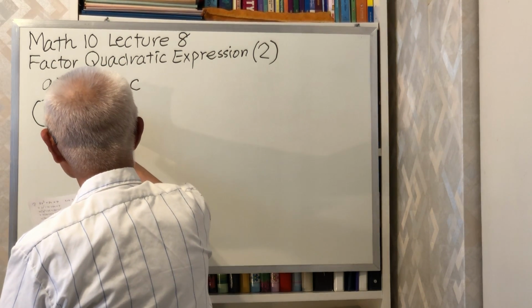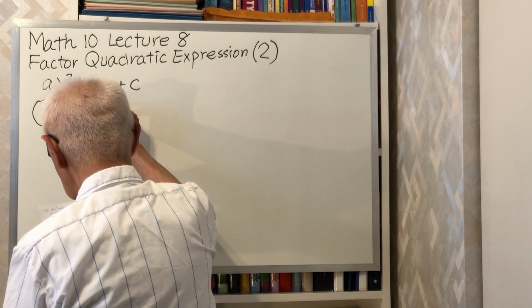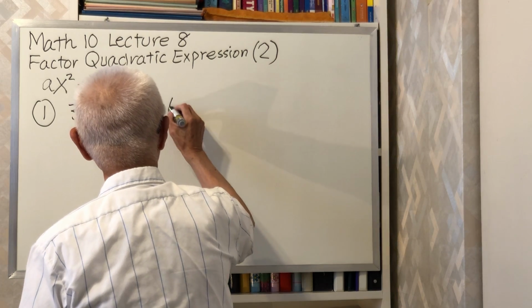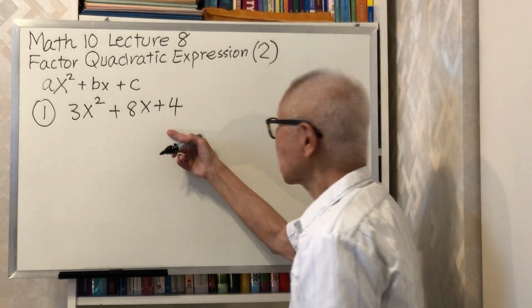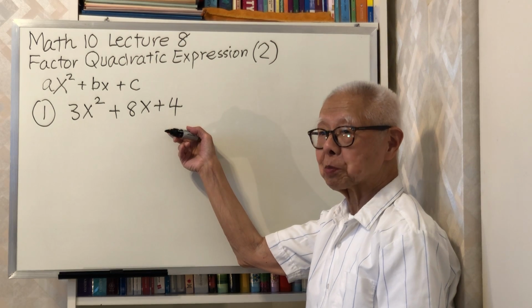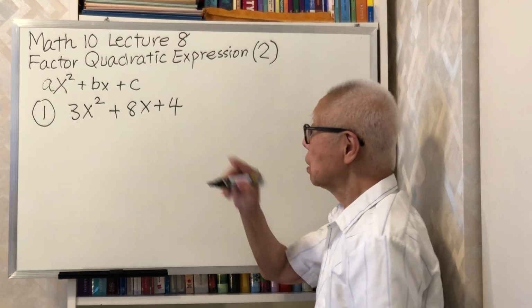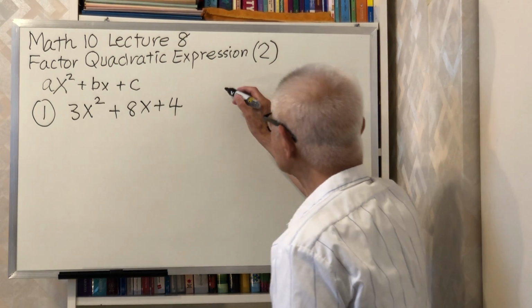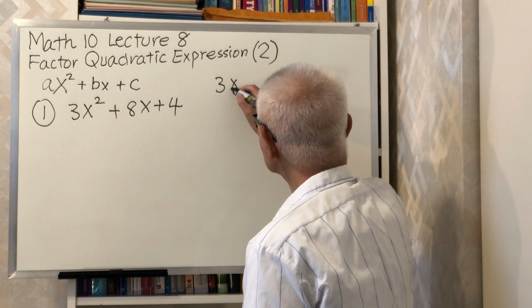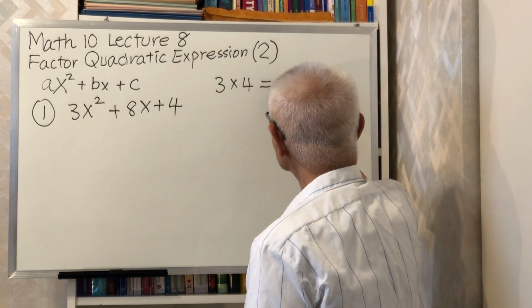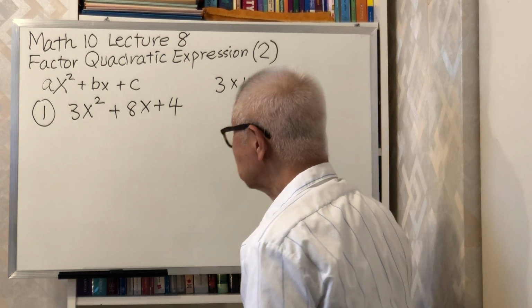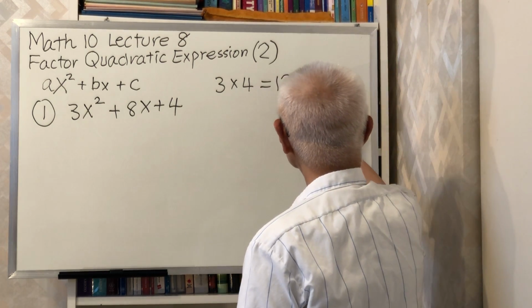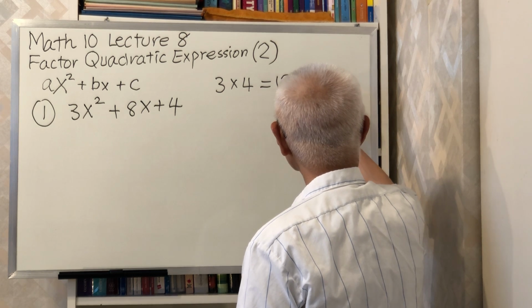Example 1. How do we factor this quadratic expression? We multiply 3 and 4. This is 12. 12 is 1 times 12.